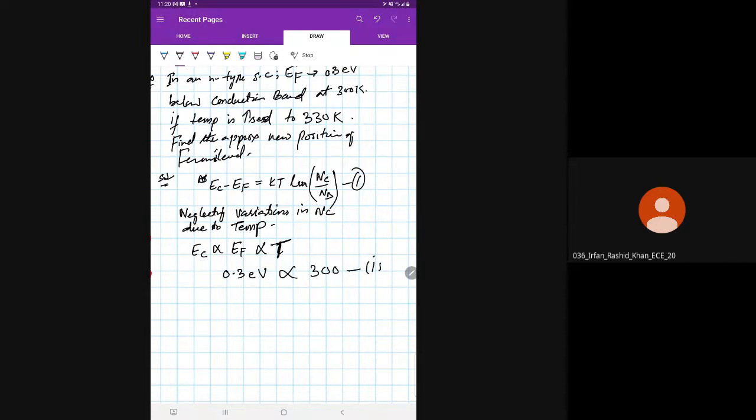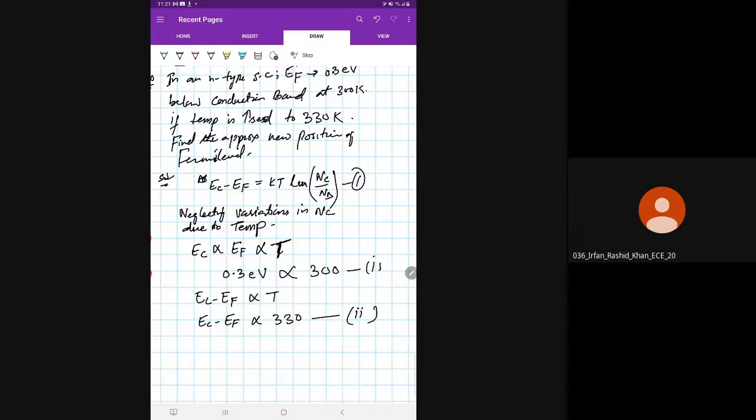Similarly, we can also say that EC minus EF is directly proportional to temperature. Let us keep the rest of the things constant. So EC minus EF is directly proportional to 330. This will be equation 2.